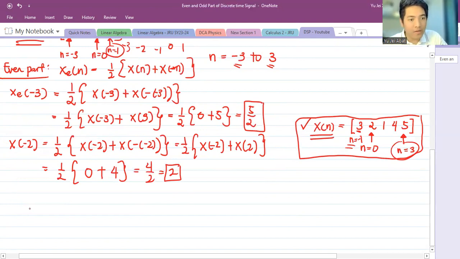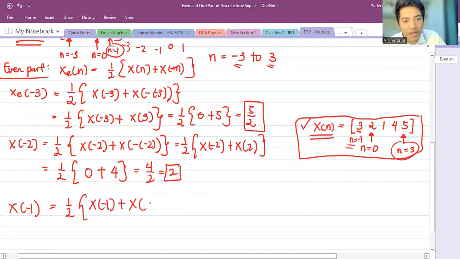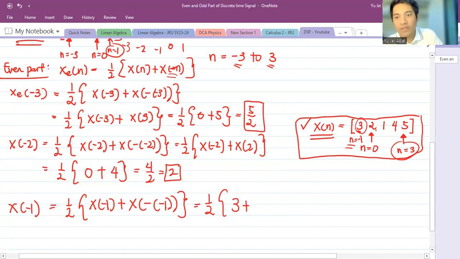How about x of -1? So we have 1/2 [x of -1 plus x of the negative of -1]. Take note because of that negative here in the formula, it becomes positive. So we have 1/2 x of -1, that's 3. Finally we have x of +1, for n equals 1 is 1. So that becomes 3 plus 1, 4 all over 2, still 2.